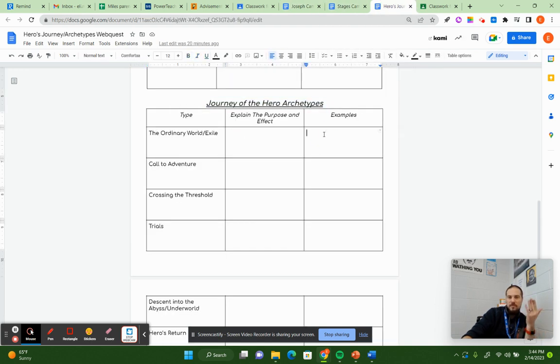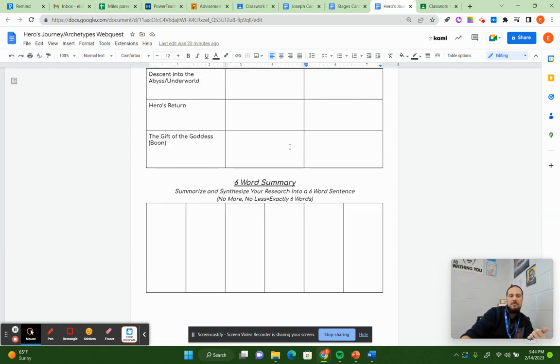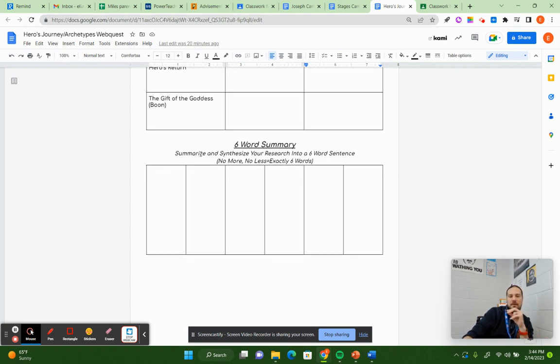So when you go back to this, you describe it, provide examples, again, from any book, movie, video game, TV show, whatever, and do all that. Fill it all out. Then, down here at the very bottom, once you've finished all that, once you've taken away something about the hero's journey, about these archetypes, then you give me a 6-word summary. That is basically just summarize what you've learned into a 6-word sentence.